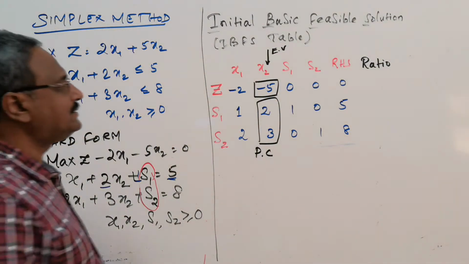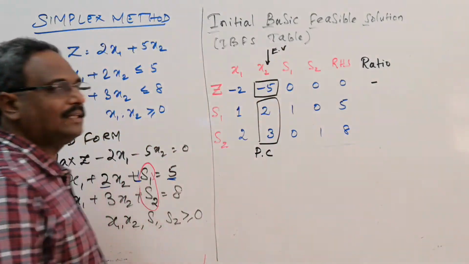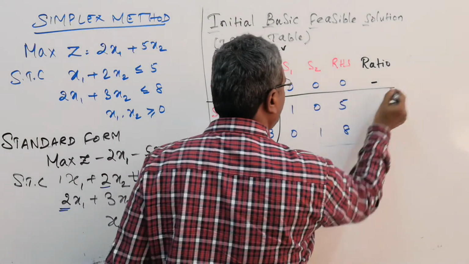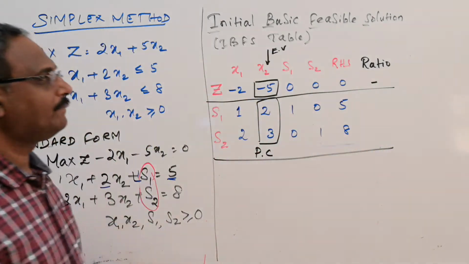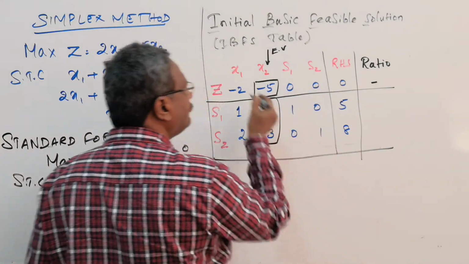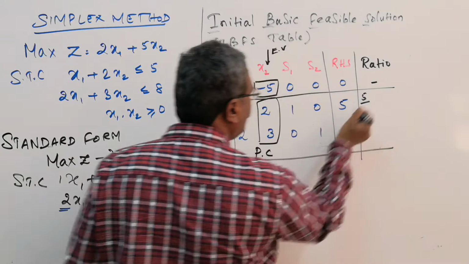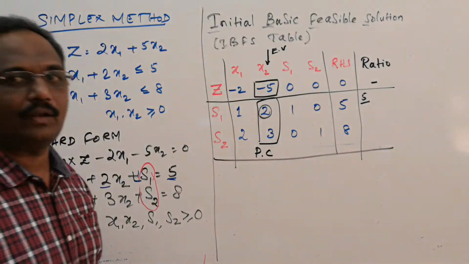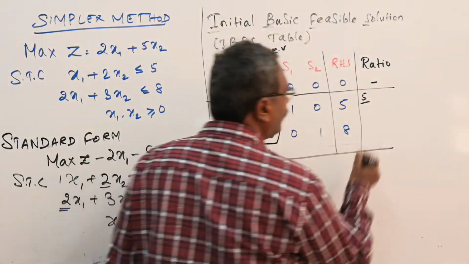The ratio, we said we are going to take the right hand side. Always there will be no ratio for the z value. We are going to take the constraint value and we are going to find the ratio. What we are going to do now? We are going to take the right hand side and divide by the corresponding pivotal column element.